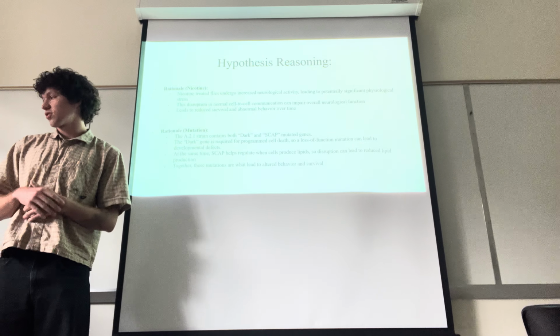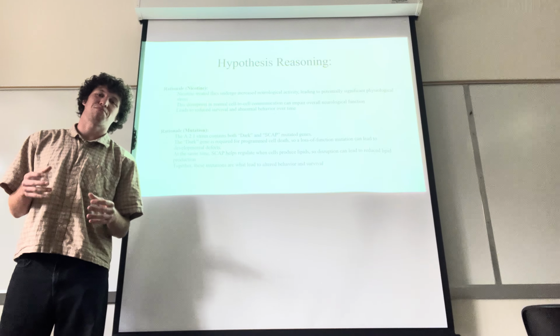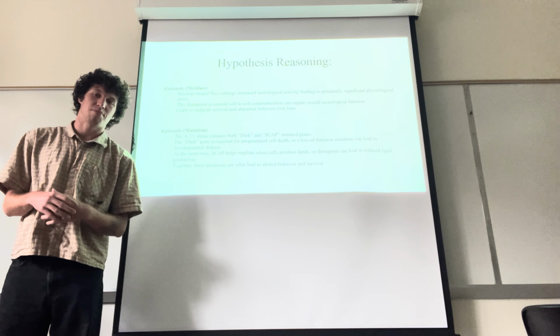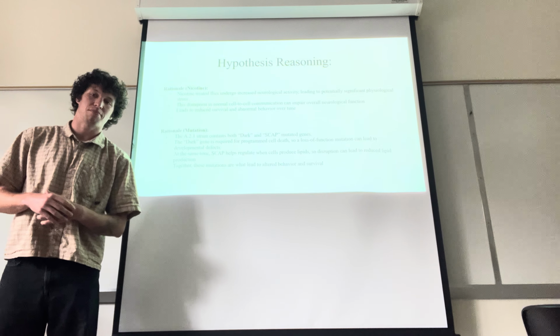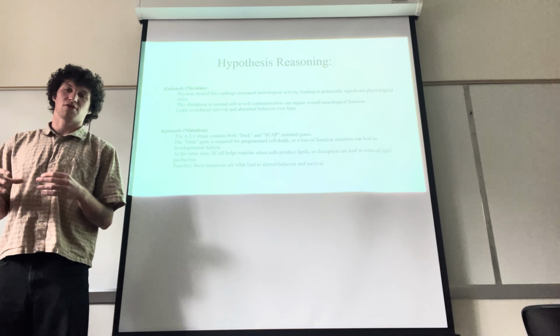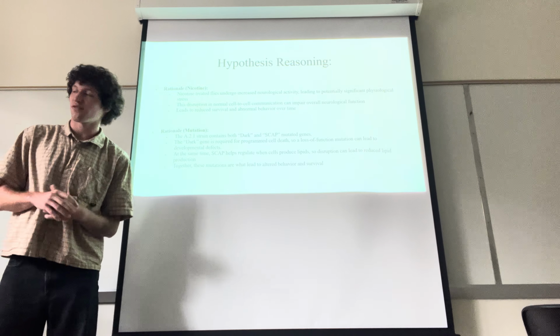At the same time, SCAP helps regulate when cells produce lipids, so disruption can lead to reduced lipid production, whether for membranes, growth, you name it, anytime a lipid might be used in cellular processes. So together, these mutations are what lead us to the conclusion that altered behavior and survival will be exhibited by these flies.